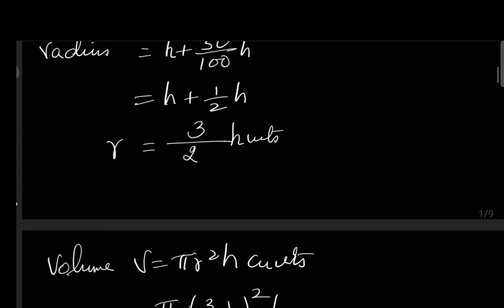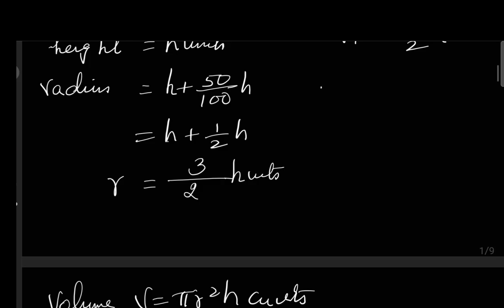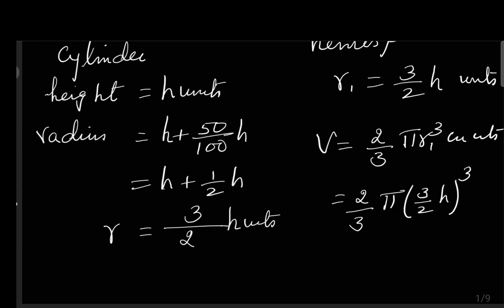Let's see what about the volume of the hemisphere. You find the volume of the hemisphere. V is equal to 2 by 3 pi r cube, so r1 cube, cubic units. So 2 by 3 pi, 3 by 2 h the whole cube.